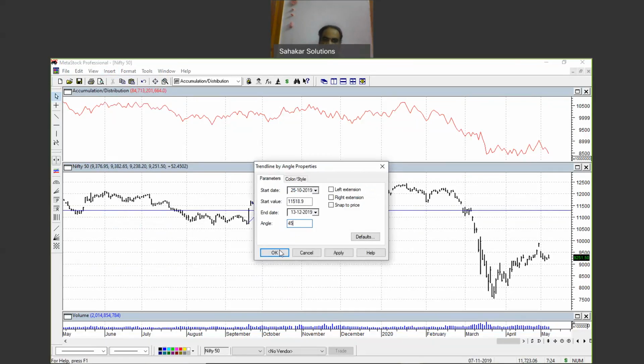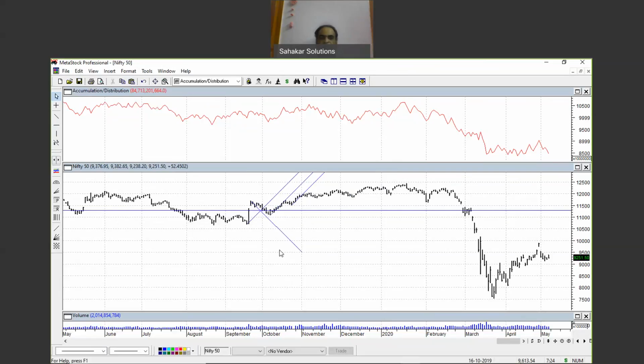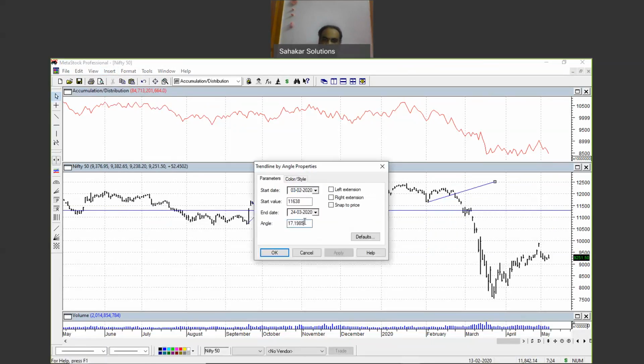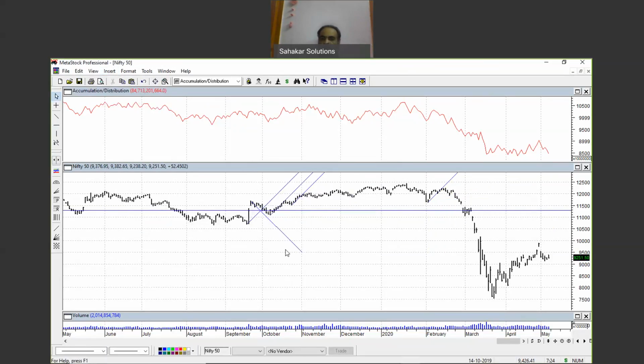Degrees and it went up, right? And again we will draw one more trend line, let us say from here, 45 degrees, and we make a 45 degrees.